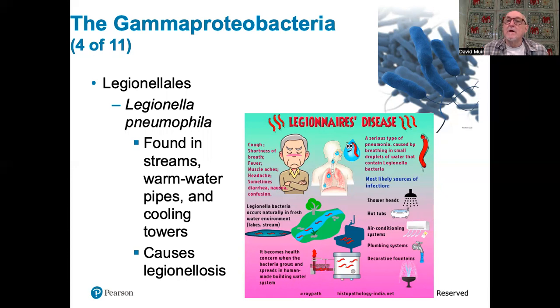This air conditioning system was creating an aerosol, and that aerosol contained Legionella and was inhaled by the people passing along the street. So it causes a typical lower respiratory tract infection and a pneumonia.